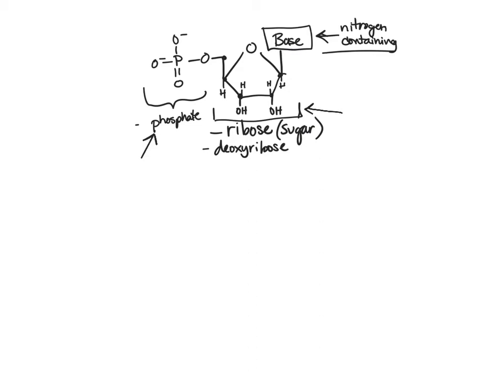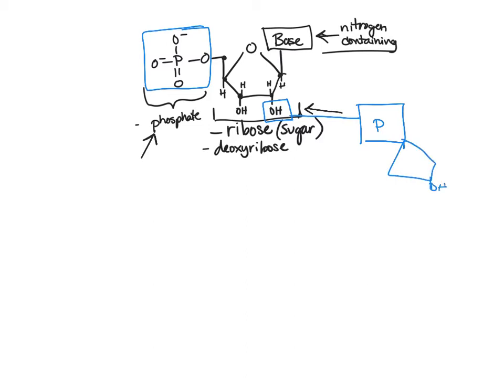This phosphate here is going to be connected to this part of the sugar and the next nitrogenous base. We pretend here we would then see this phosphate group, which is connected to the sugar here, which has OH, which is then connected to the next phosphate group, and then our sugar.